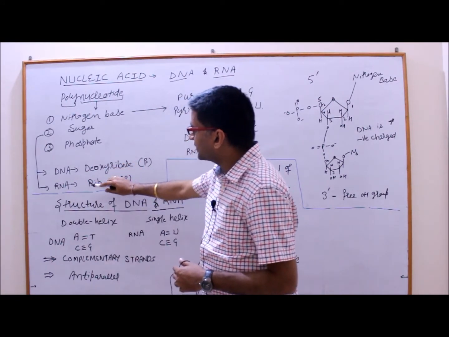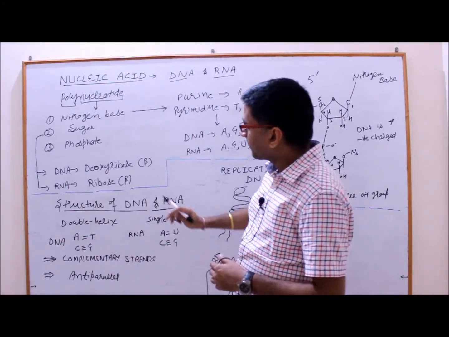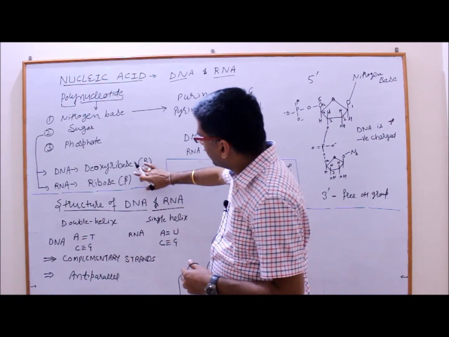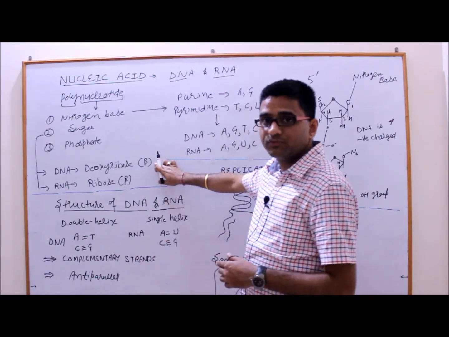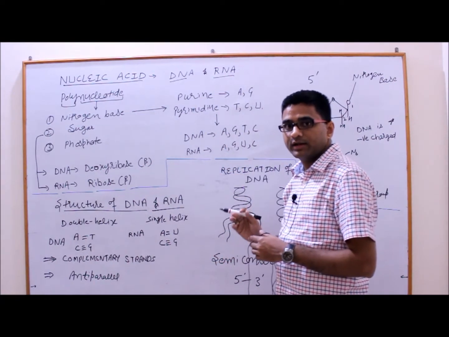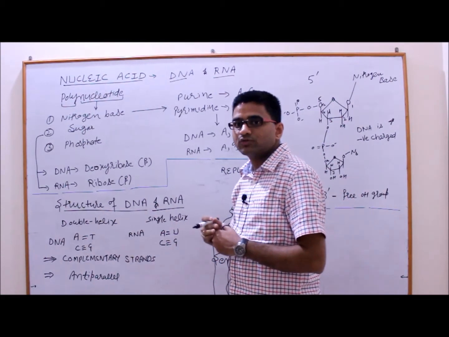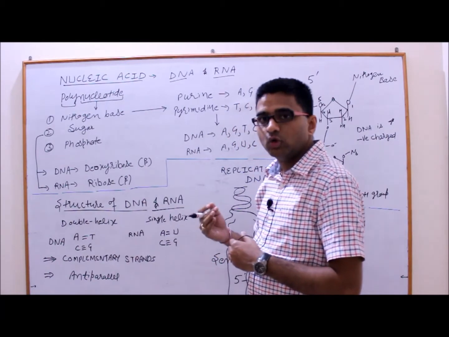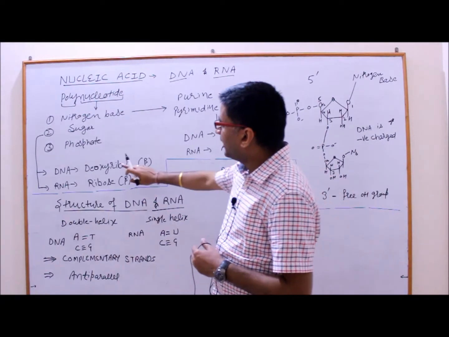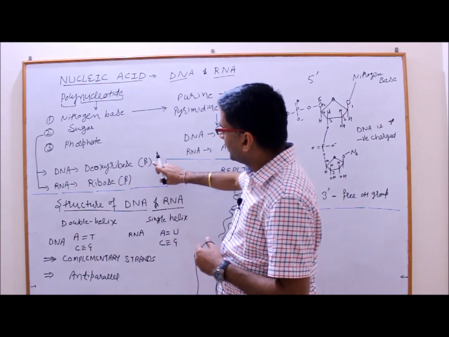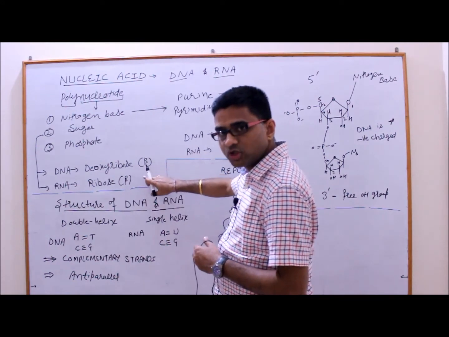In case of RNA it is complete ribose sugar. And another important thing is that both the sugars are in beta form. So we have learned earlier that there are alpha and beta, two forms of the various sugars in case of carbohydrates, like alpha D glucose, beta D glucose, and in case of DNA and RNA we have beta ribose sugar.